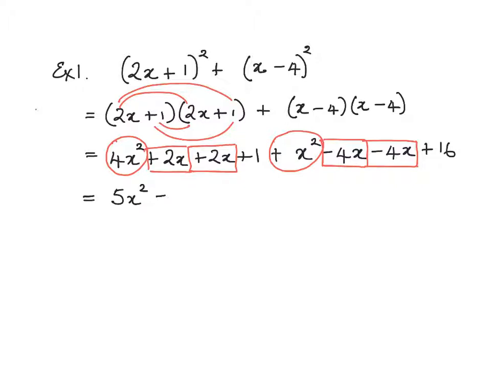Take away 4x is minus 4x. And then I have the two constant terms, which I'll underline with a wavy line. And that gives me a total of plus 17. That's the problem finished.